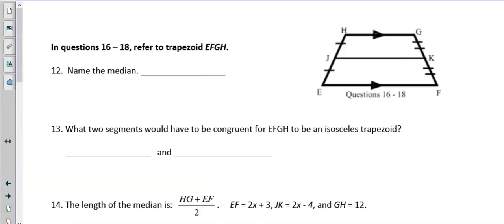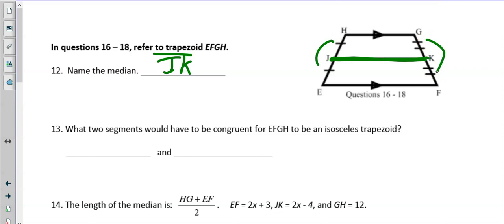Okay, so 16 to 18. Numbers are wrong. Don't worry about that, please. Name the median. Oh, the median is JK. No, seriously, it is JK, right? It is this line. You know it's the median because this is the midpoint because those two are the same and those two are the same, right?